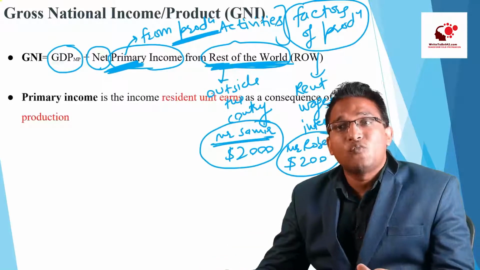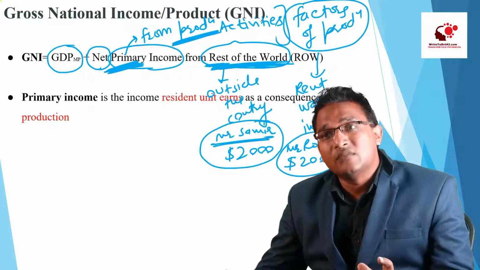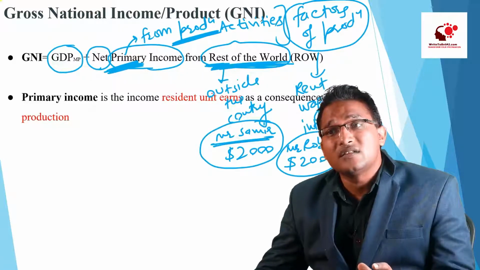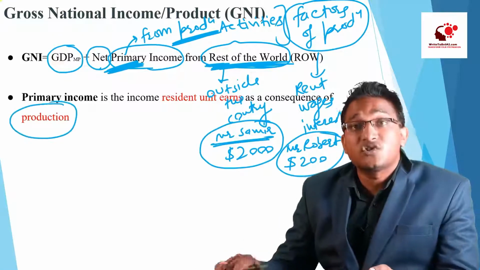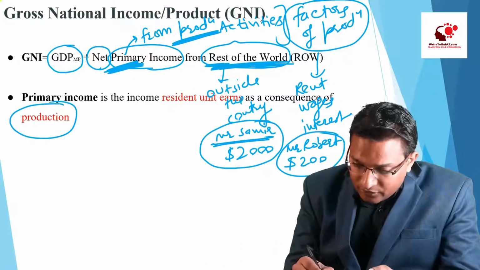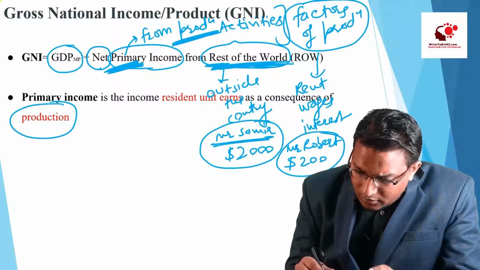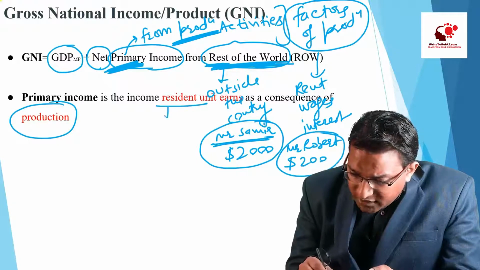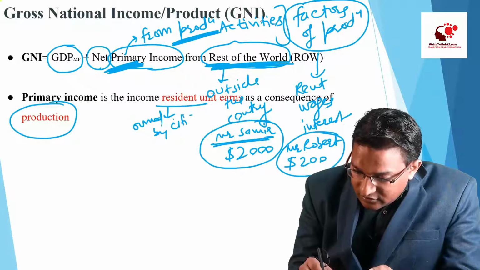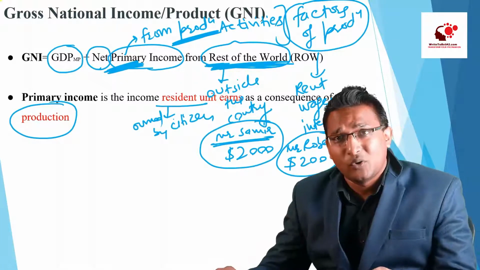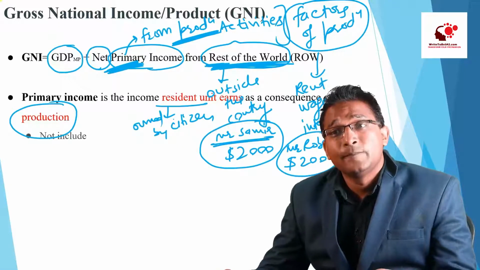Now we will see. So primary income is the income resident units earn as a consequence of production. This is very, very crucial. As a consequence of production. And who earns them? So the resident units which are owned by citizens. This is one more clarification that I can give you.